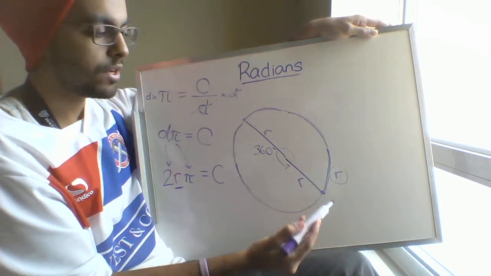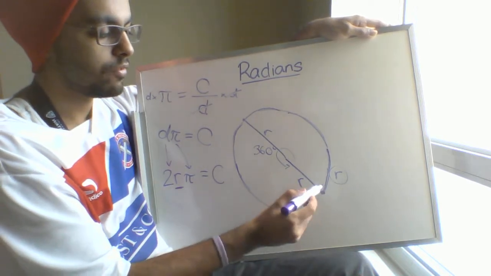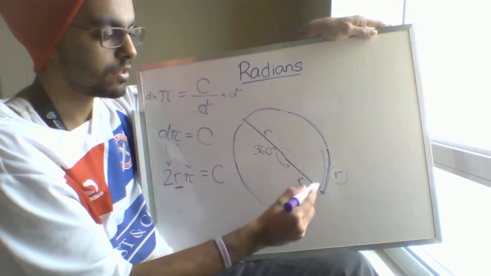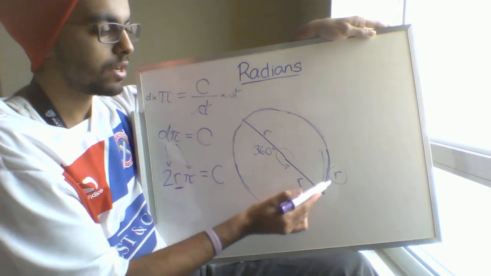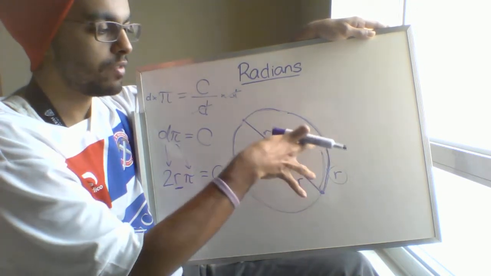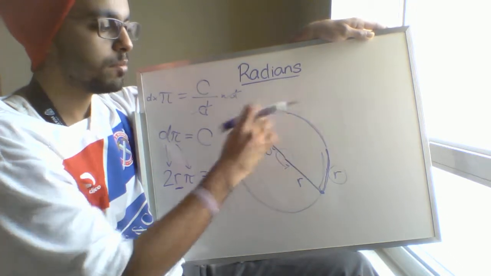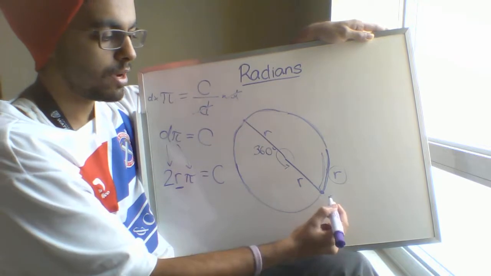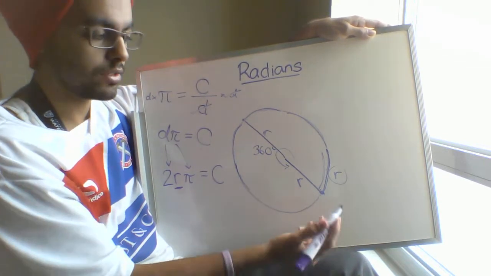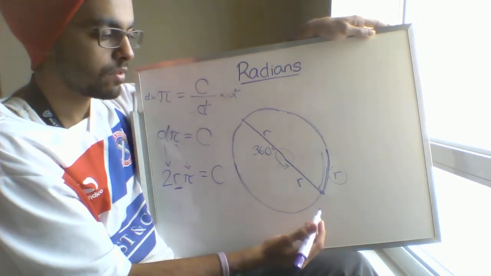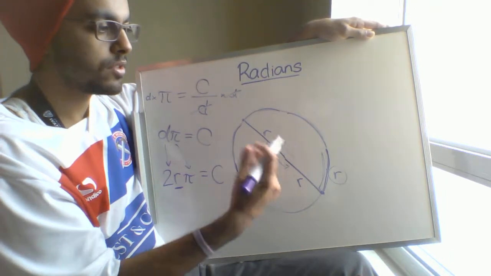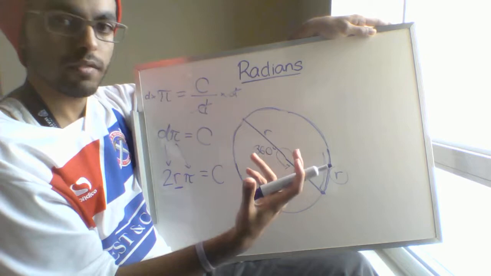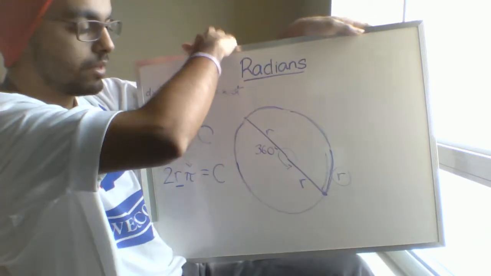If you've got this one segment of length r and you're trying to go all the way around the circle, you're going to have this length r multiplied by some number, which goes from exactly the starting point all the way around back to exactly that starting point. That's the circumference of the circle. So the circumference of the circle is r times what? That's the question we have to answer.